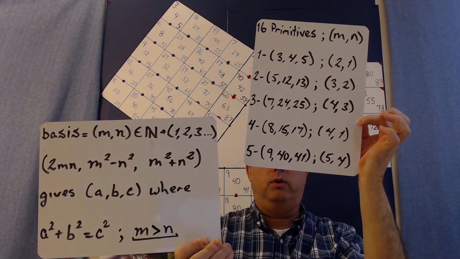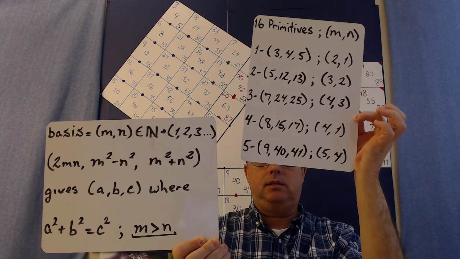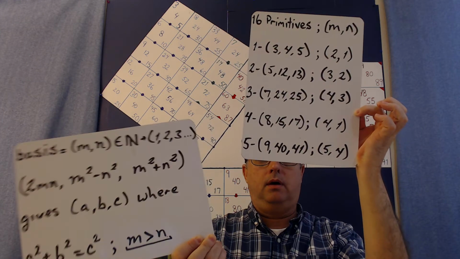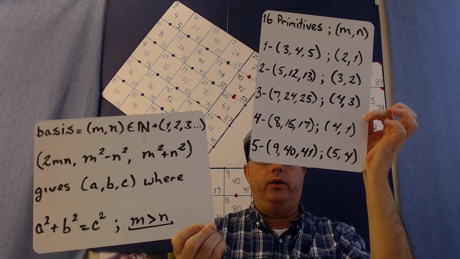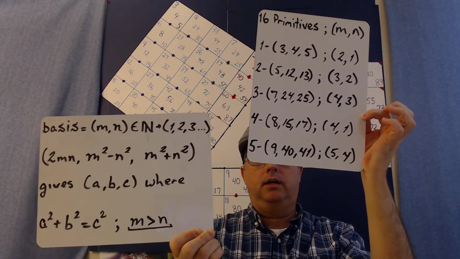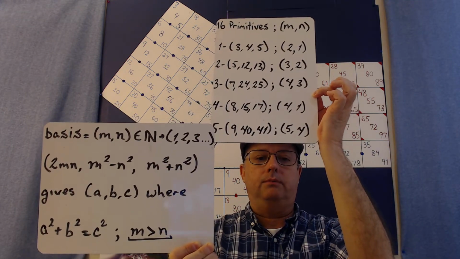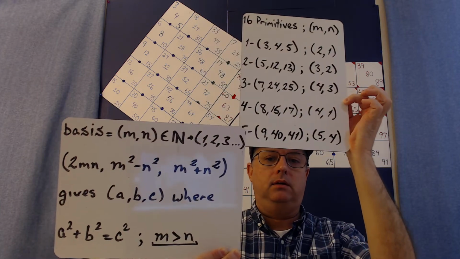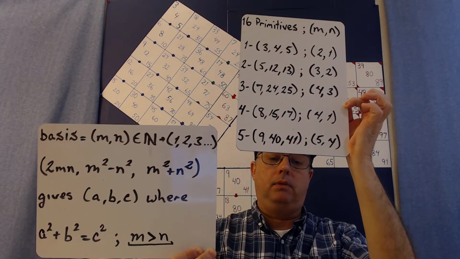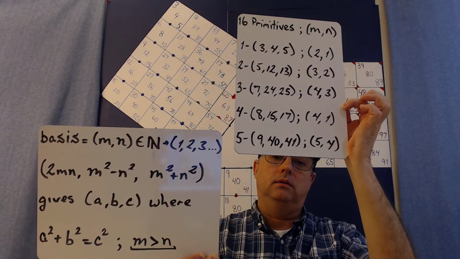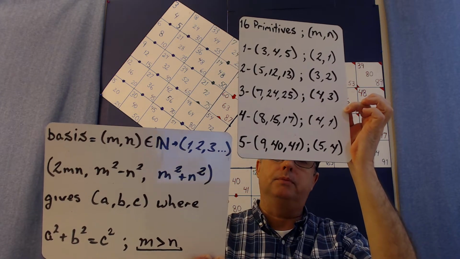So what I'm showing you is that this formula doesn't just generate certain Pythagorean triples. It in fact generates, I believe, all of them, or all of the primitives.